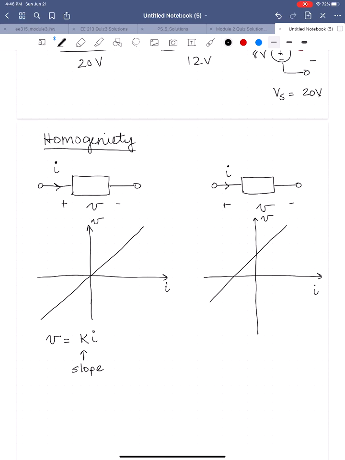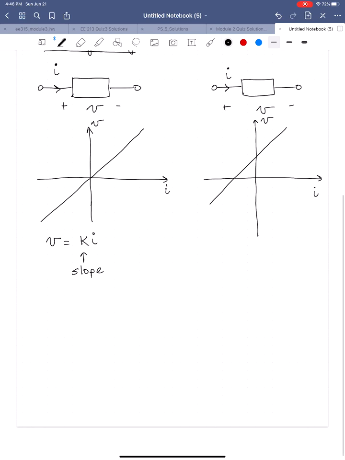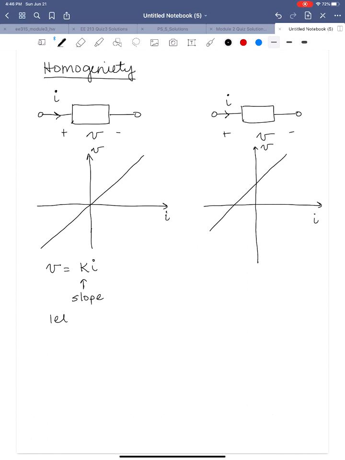And if we increase the current I by some factor, so let's say we let I equal 2 times I, then we would expect the voltage V to equal 2 times the original voltage V, right? Okay, so this is an example of homogeneity.